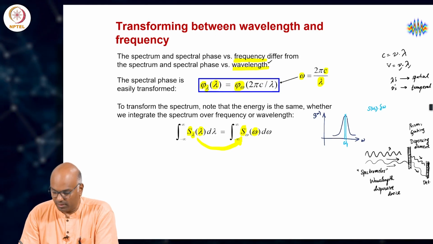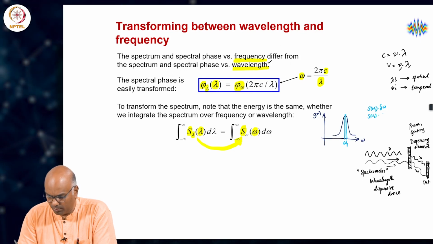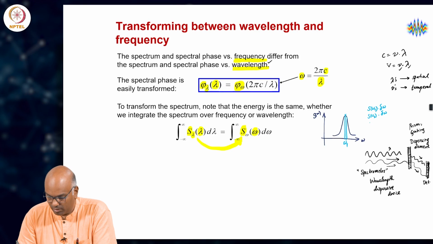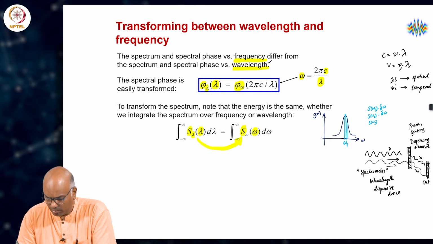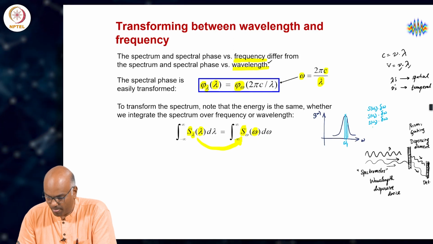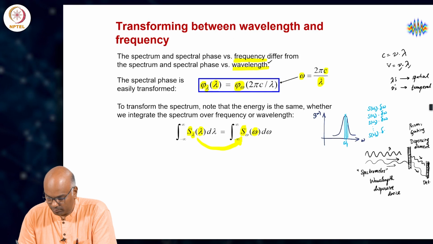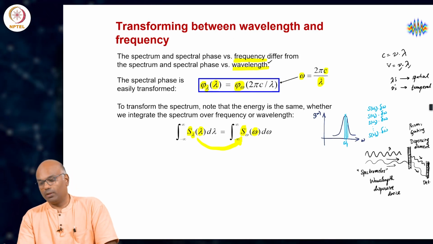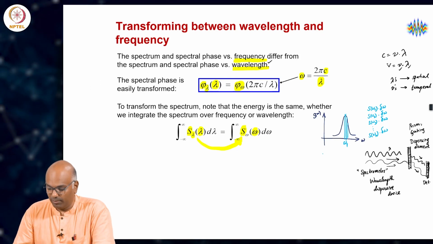That is the energy contained here, then S at omega 2 multiplied by delta omega. We need to keep track of the kind of variable that I am creating.